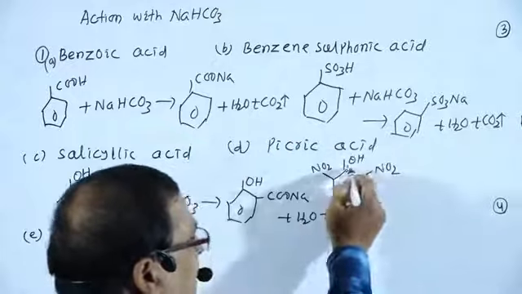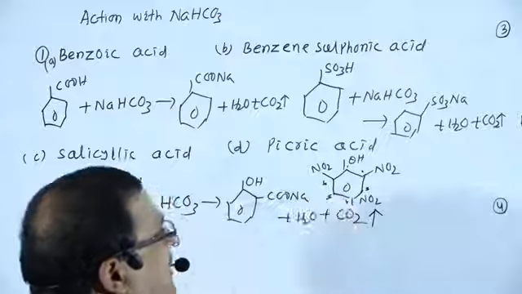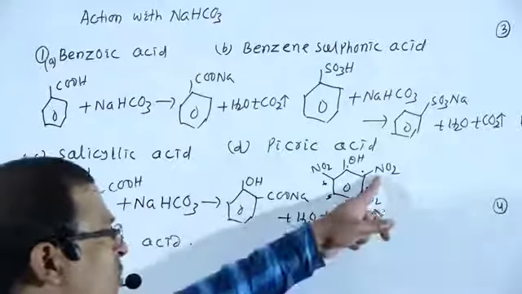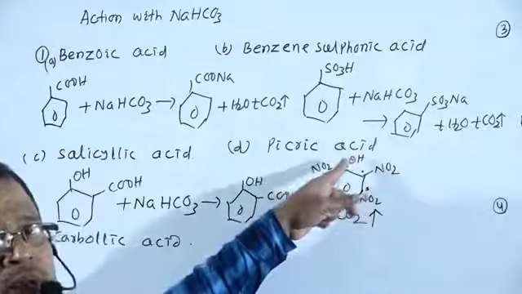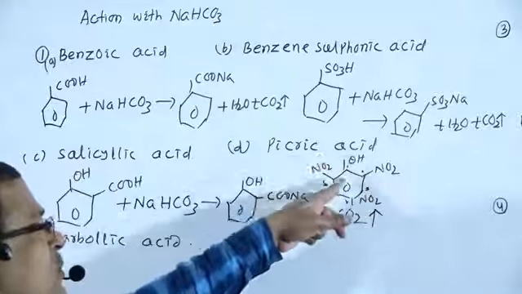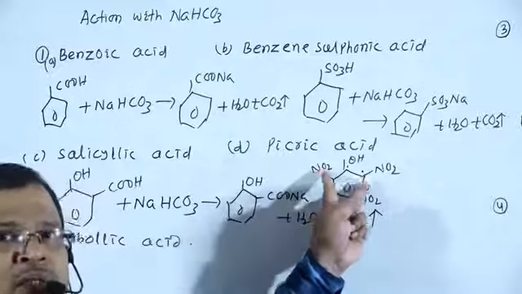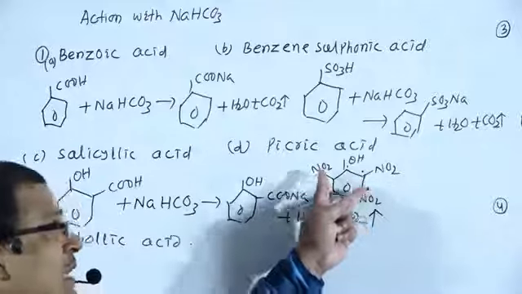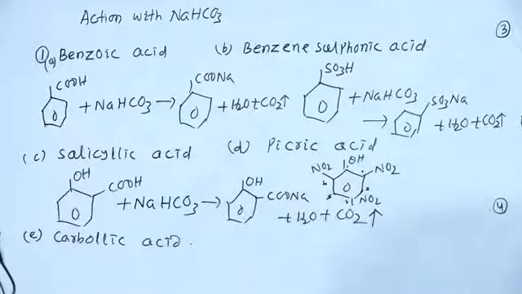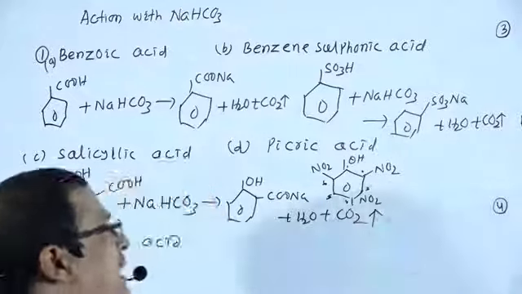So 1, 2, 3, 4, 5, 6 means 2,4,6 trinitrophenol, known as picric acid. In this compound there is no COOH group, therefore it does not respond to sodium bicarbonate, which means there is no release of carbon dioxide.